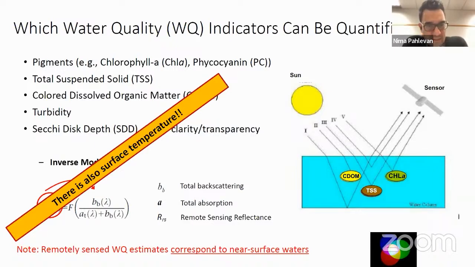From this backscattering and absorption that the satellite observes, the constituents and their concentrations can be retrieved, like pigments, like chlorophyll A, TSS, et cetera, et cetera.